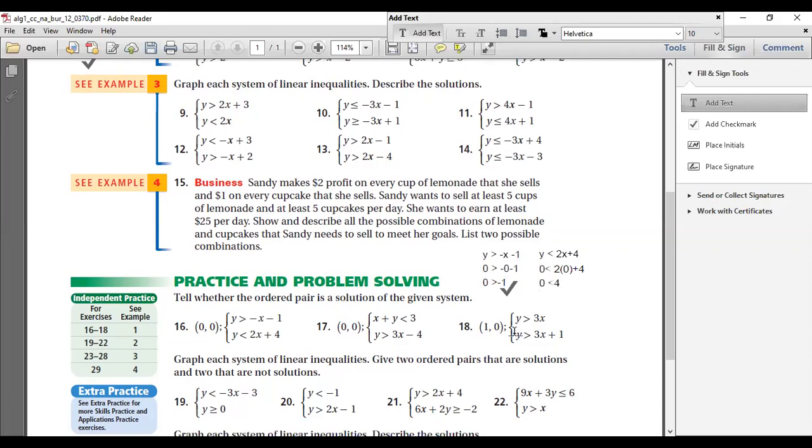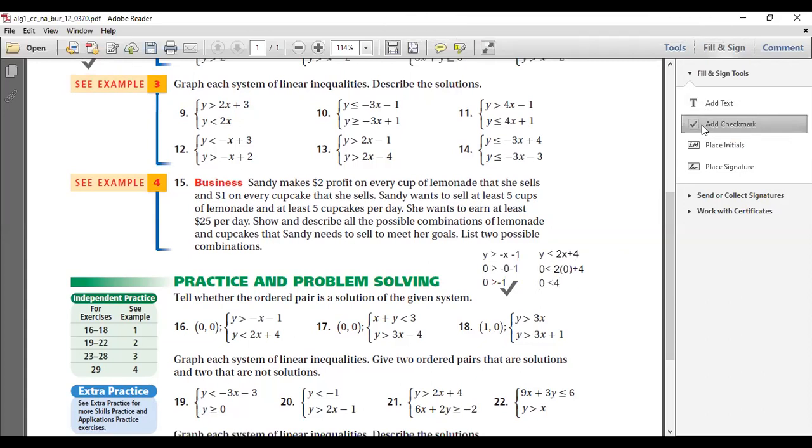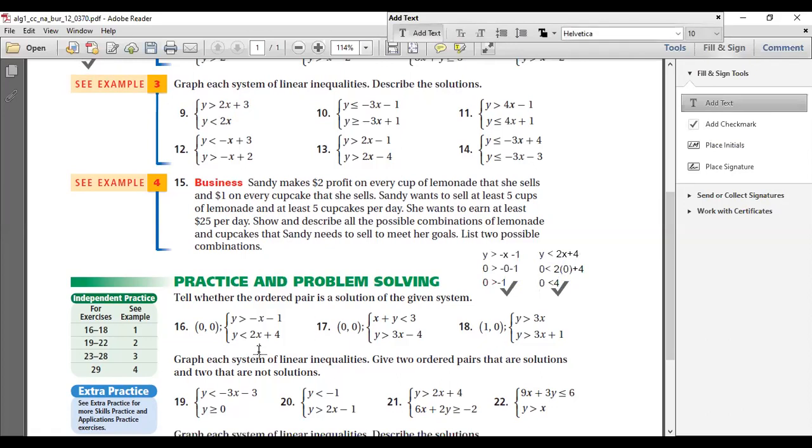So 0 is less than 4. Is this inequality correct? Is 0 less than 4? Of course. We are not so stupid as not to know all these things. So 0 is less than 4, which means it is satisfying both the inequalities, which means the answer is going to be yes. Okay, so another question for you is question number 17. Start doing question number 17 and then let's discuss the answers.